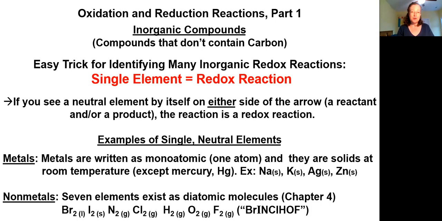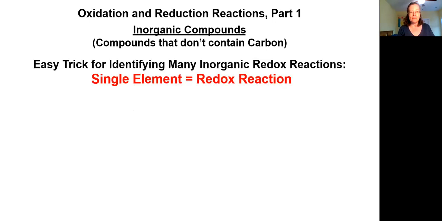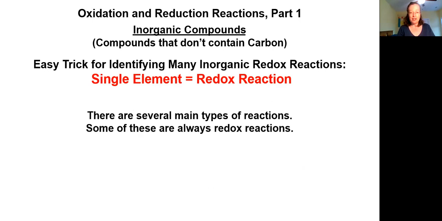And I just need you to trust me on that because we're not going really far in depth with this idea of oxidation reduction. I'm just trying to hit the highlights and make sure that you can recognize an example of a redox reaction where you know someone's been reduced and someone's been oxidized. There are several main types of reactions.